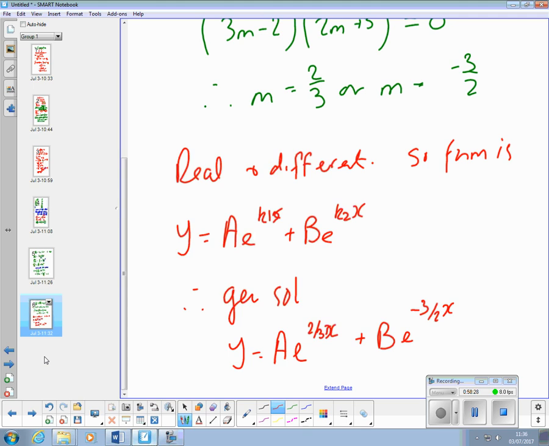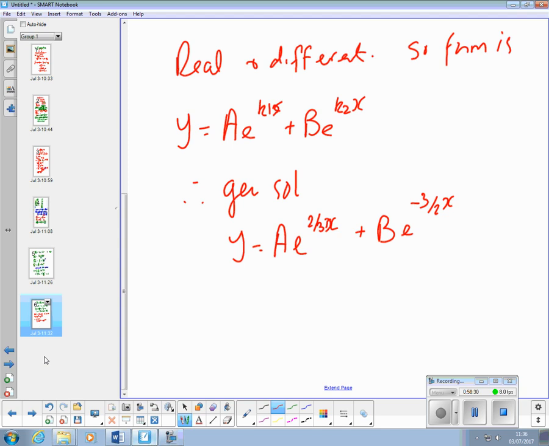Then what we've got is a situation where we have to use the information you've been given in the question, which is that when x is equal to 0, y is equal to 5.